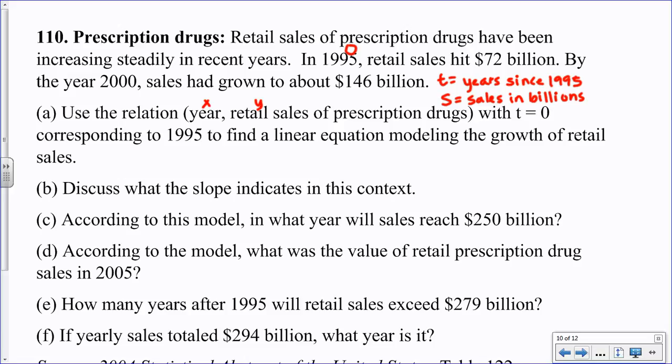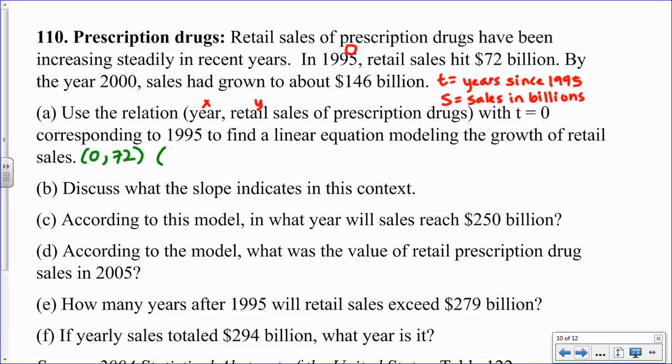So write a linear equation. I'm going to use something like mx plus b. Let me write out the two ordered pairs we're given: 0, 72. And I also know in 2000 sales had grown to 146 billion.